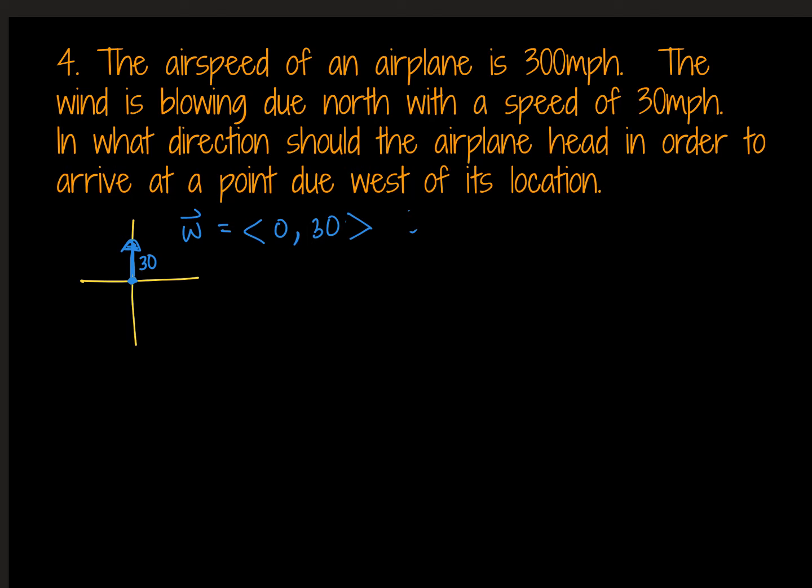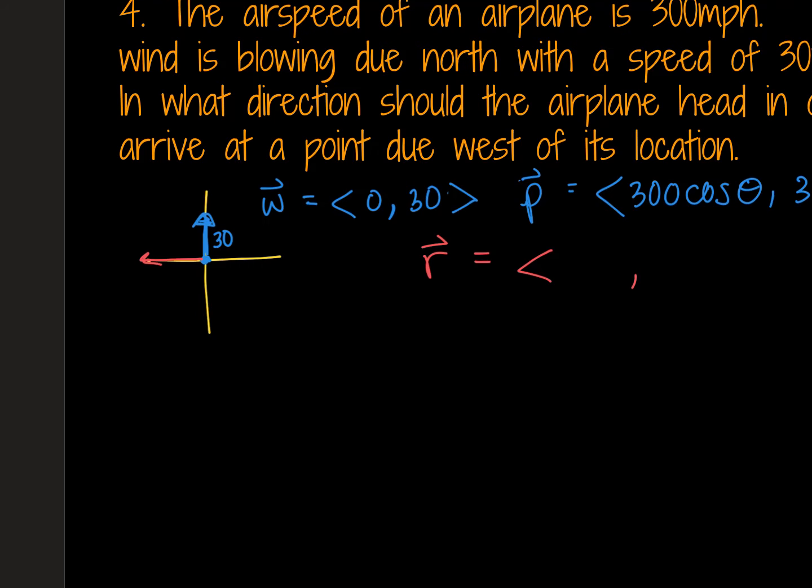And then my plane, I don't have all the information, right? I know that it's going 300 miles per hour, but I don't know the direction, so I don't know theta. And then my resultant vector, what I actually want to end up doing, I know that it wants to go this way, right?